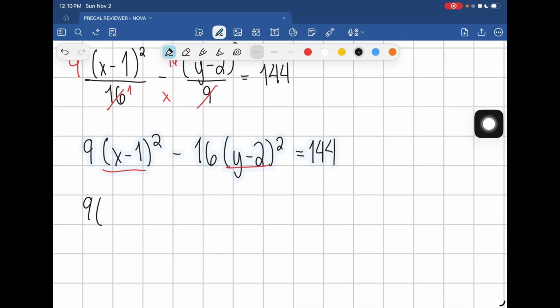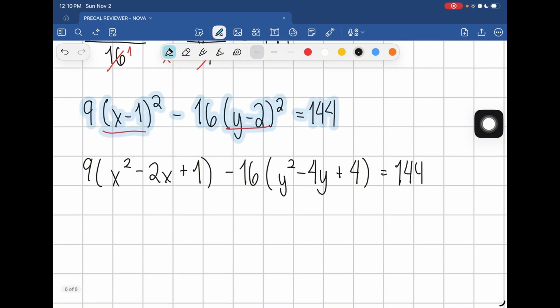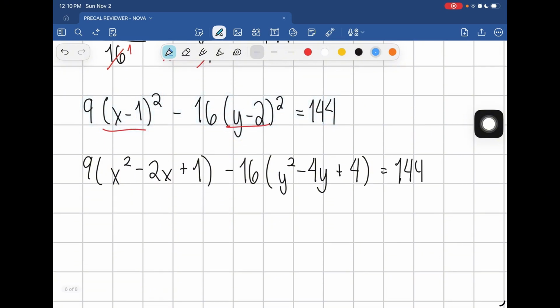So 9 times x squared minus 2x plus 1 minus 16 times y squared minus 4y plus 4 is equals to 144. And after that, let's distribute this outside term into this inside term.